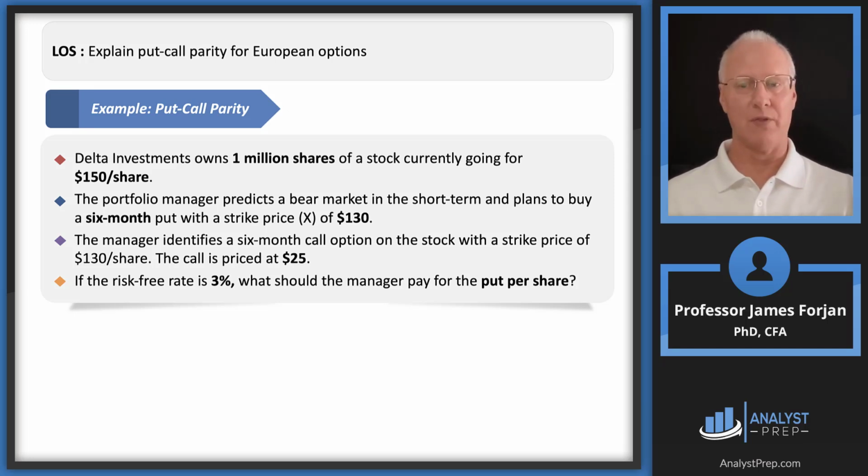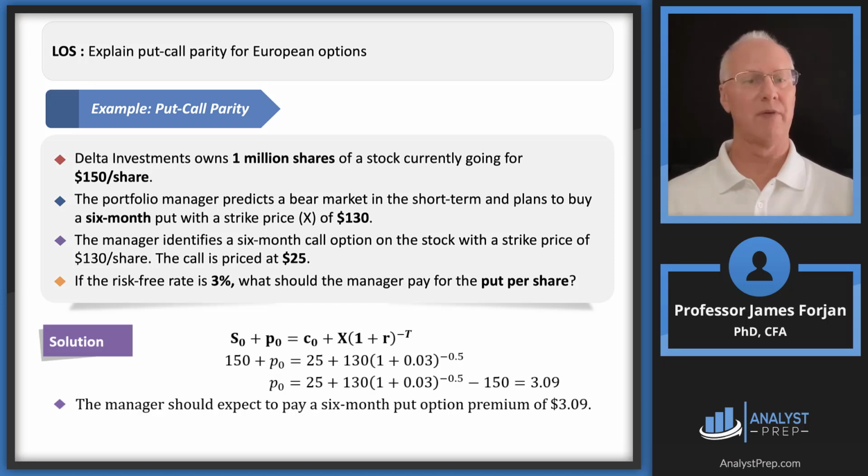There's also a call option on the stock with an exercise price of $130, right? So the put and the call both have the same exercise price. They both expire in 6 months. The call is priced at $25. What is the put-call parity price if the risk-free rate of interest is 3%?